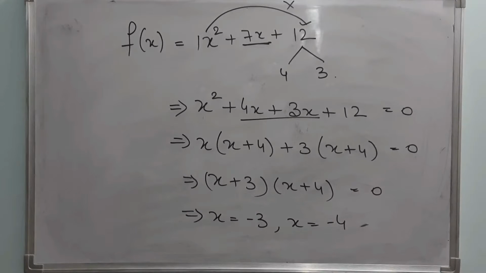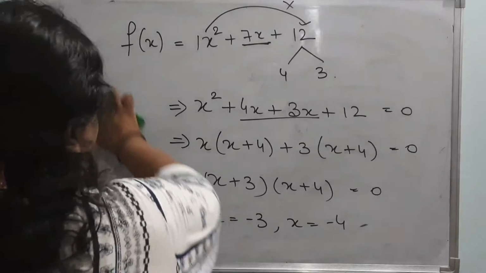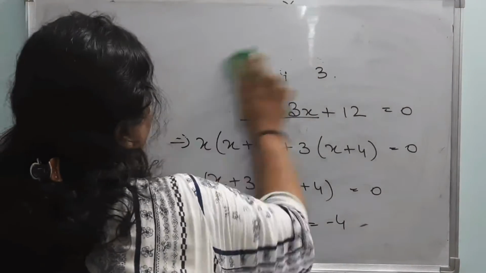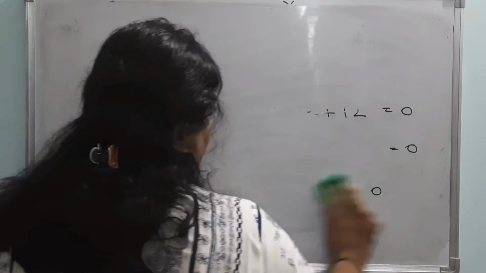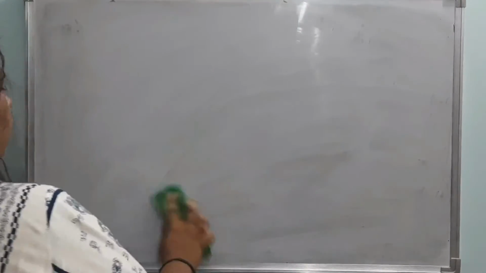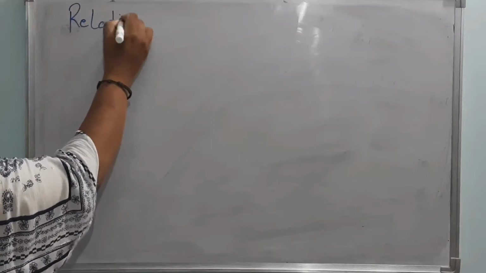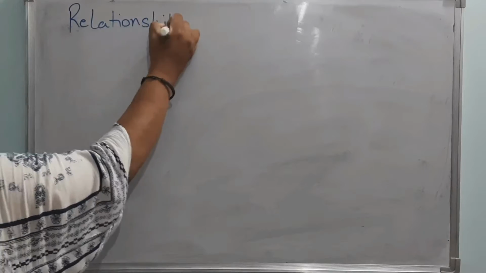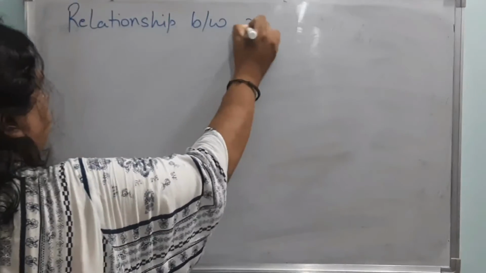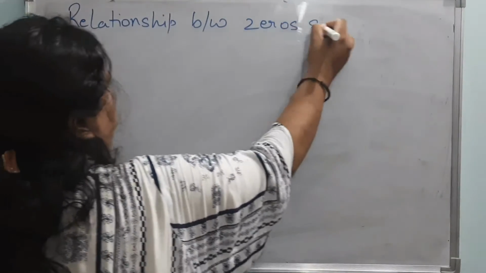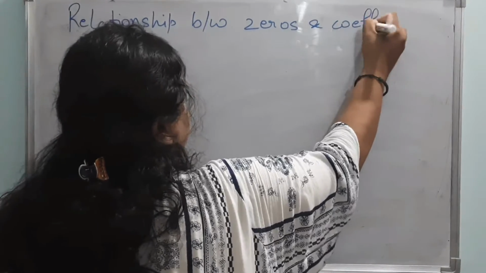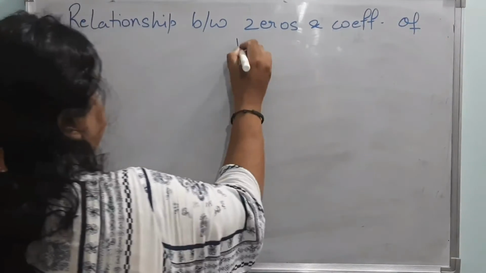So this is the method. Now we will see what is the relationship between zeros and coefficients of a polynomial.